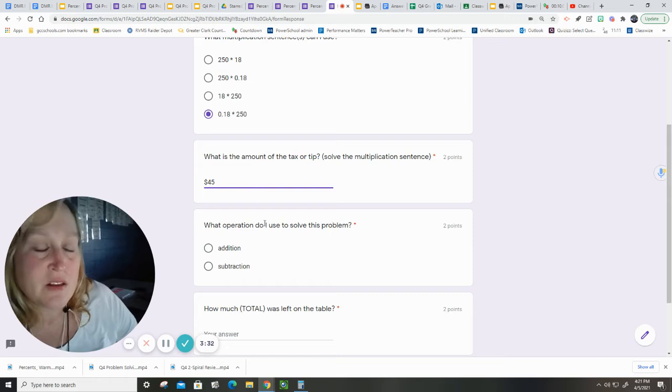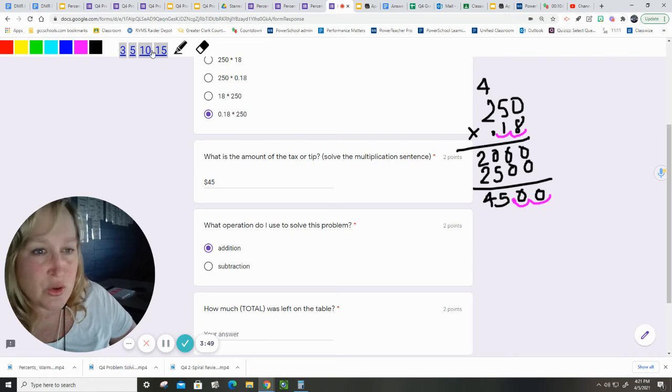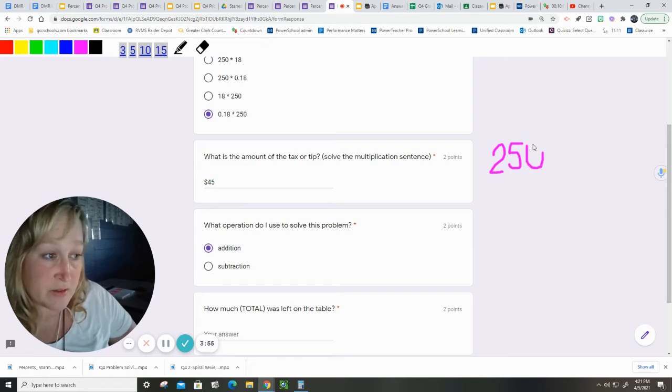Okay. The next question says, what operation do I use to solve this problem? They're referring to the fact that we have to add this tip to the cost. So the answer to that one is addition. How much total is left on the table? So my original cost was $250 for the food, correct?